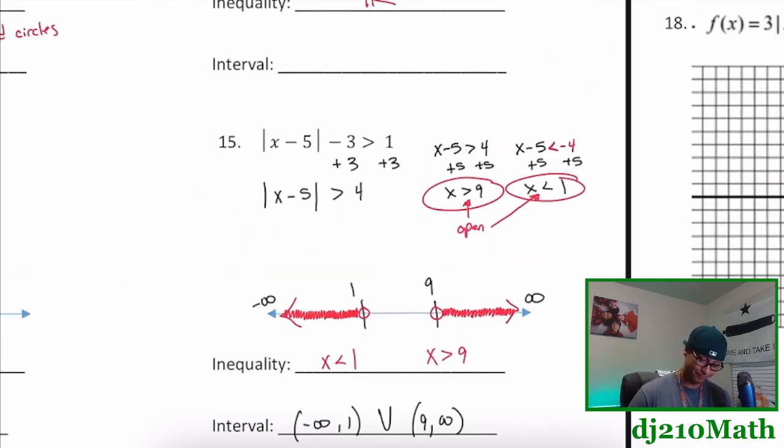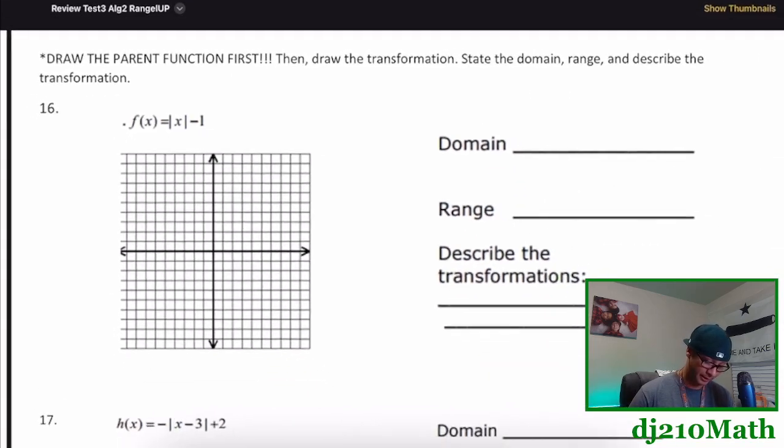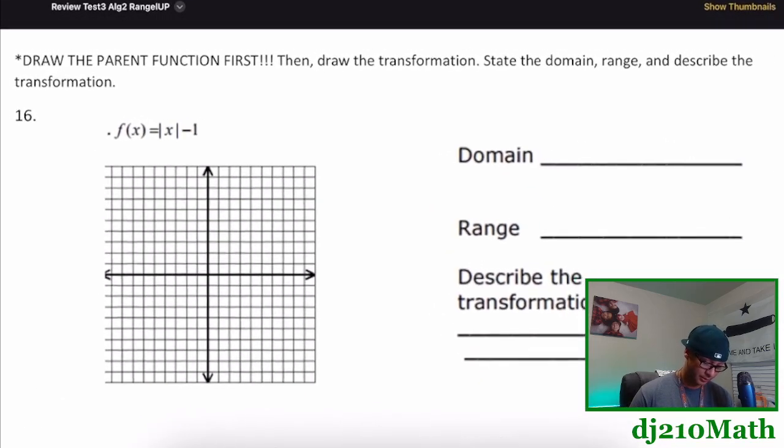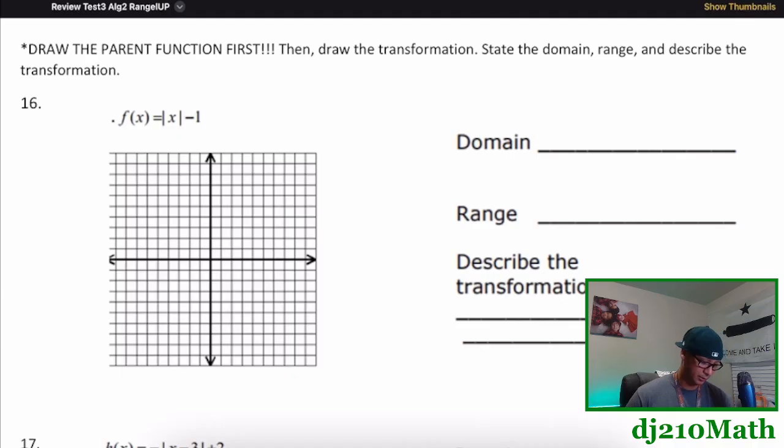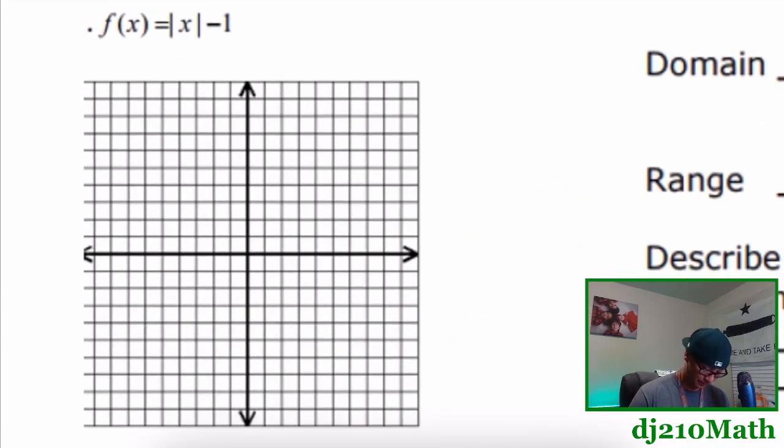Okay. We're almost done. We got 3 graphing ones, and then we're done. All right, number 16. Draw the parent function first, draw the transformation, state the domain and range, and describe the transformation. So the parent function is going to be in black. It looks like this. Absolute value of x, 0, 0.